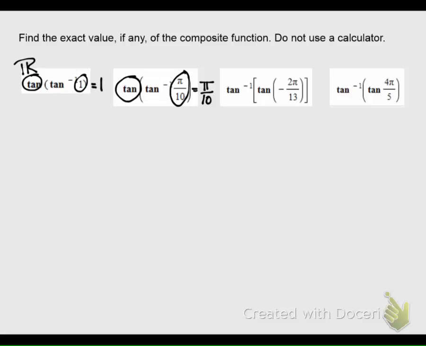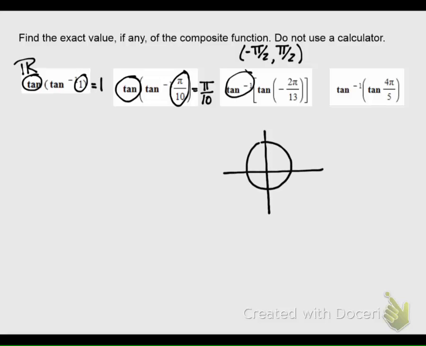For the inverses, you need to be somewhere between negative pi over 2 and pi over 2, but not inclusive. So if we're trying to line this one up, it needs to be between negative pi over 2 and pi over 2.